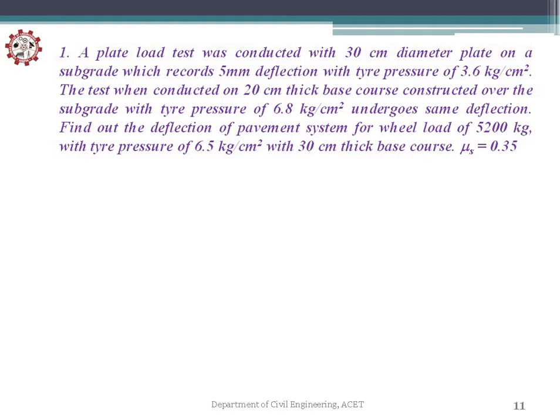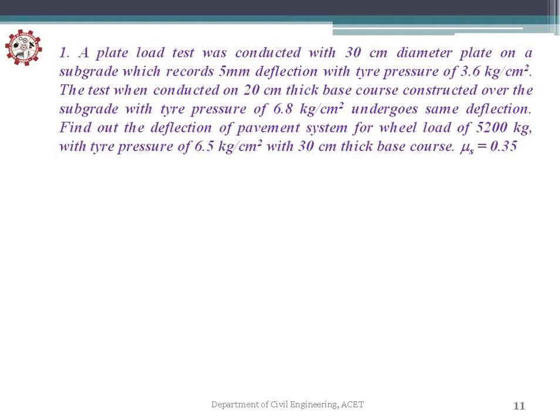Find out the deflection of pavement system for wheel load of 5200 kg with tire pressure of 6.5 kg per centimeter square with 30 cm thick base course and mu s equals 0.35.